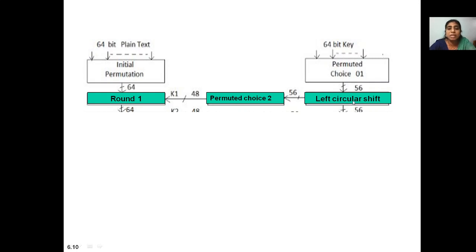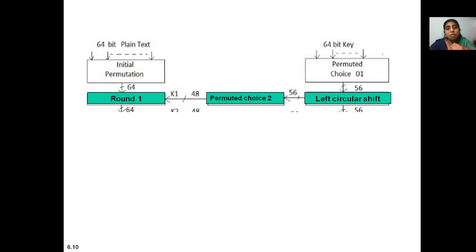The left circular shift depends upon which round we are in. If it is round 1, then we shift by 1 bit. If it is round 2, then also we shift by only 1 bit. The same holds for the 16th round, where we also shift by only 1 bit.